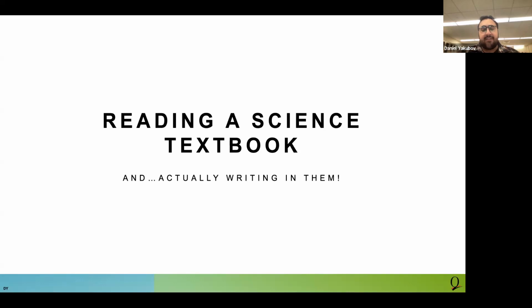Just having a hard copy makes it so much easier to actually read the textbook, but then also study from it. So most of these strategies are applicable to both using a textbook online and having a hard copy, but I'm going to emphasize having the hard copy over anything else, okay?